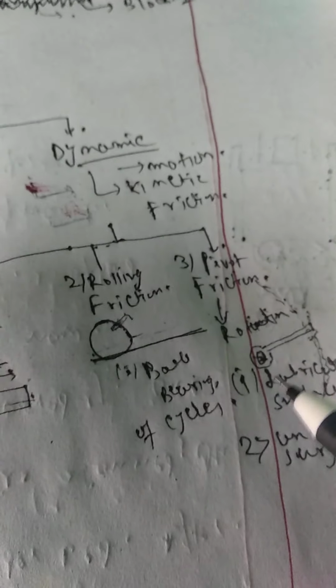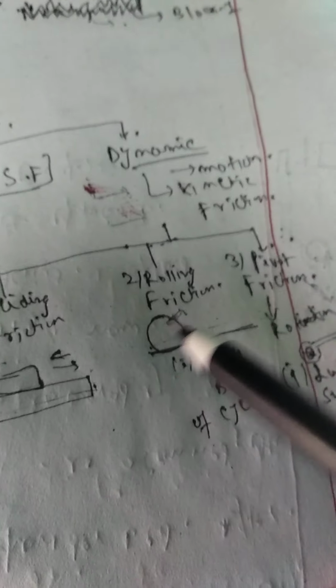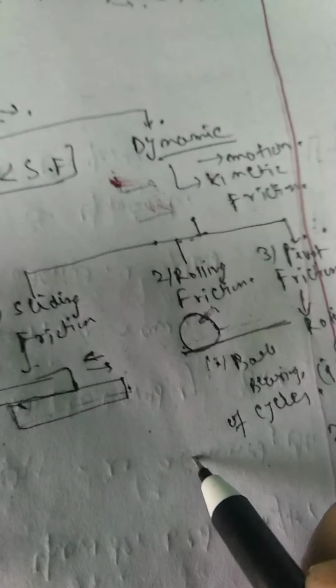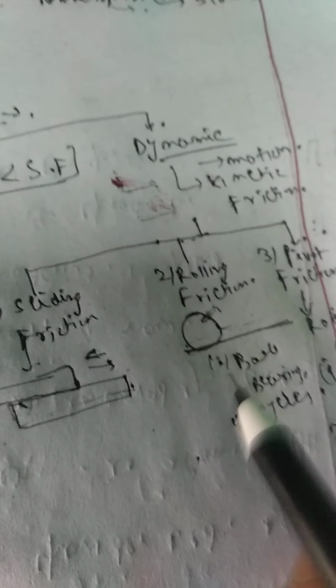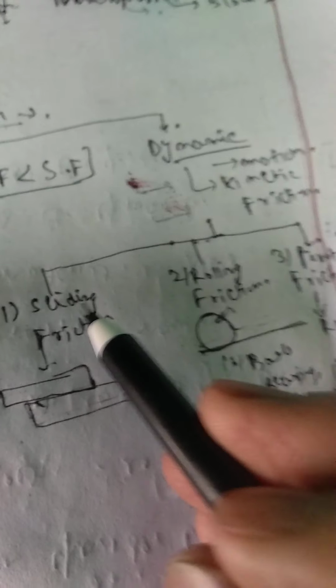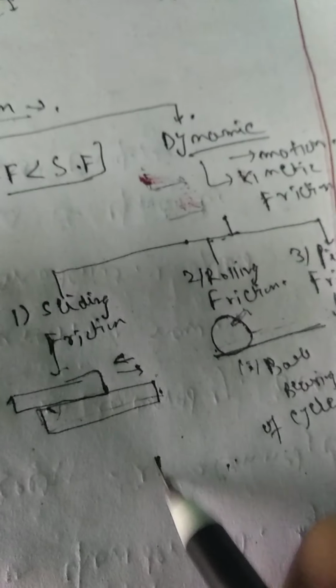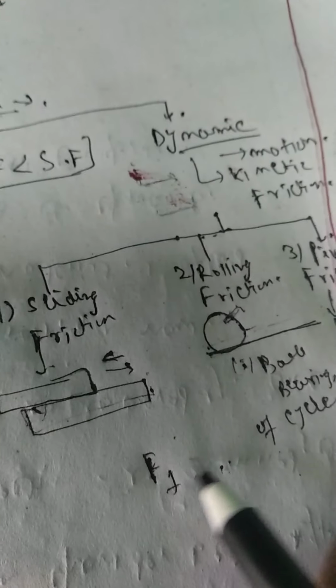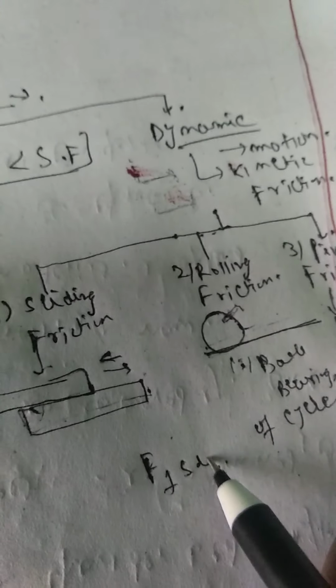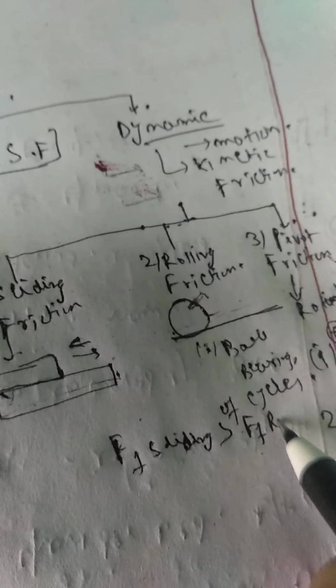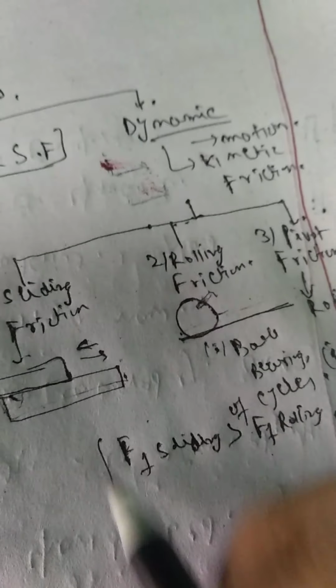Another point to be noted is that the value of rolling friction is less than sliding friction. Sliding is greater than rolling. The value of rolling friction is very less.